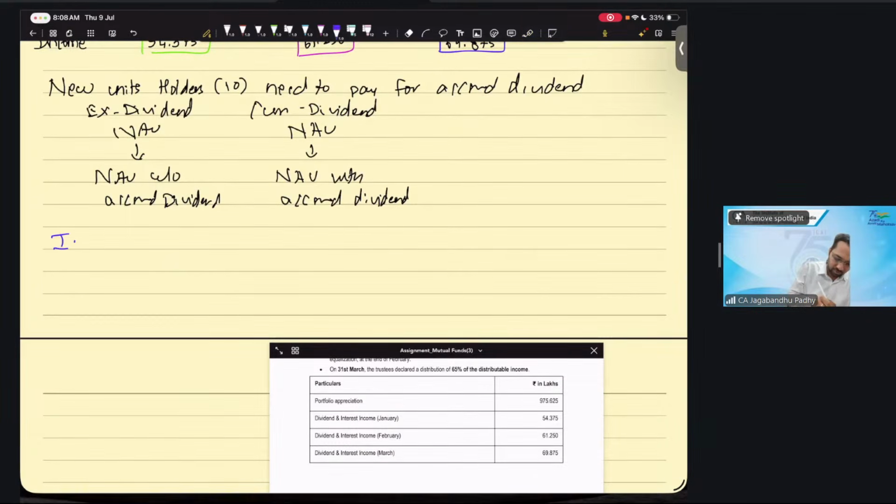So an investor buying units will pay for NAV, dividend equalization, and also entry load.